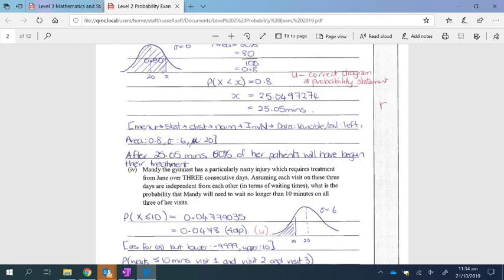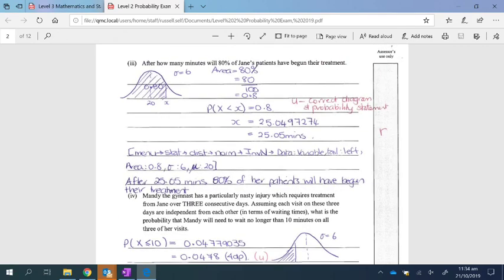Yeah. So first of all, we know that the area we're looking at is 0.8, right? 80%? Okay. So what we're going to do is look inside the chart and find the closest number to that.